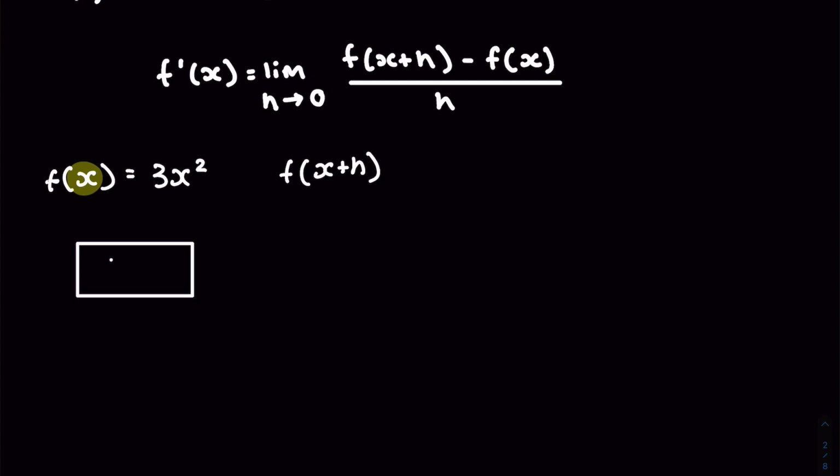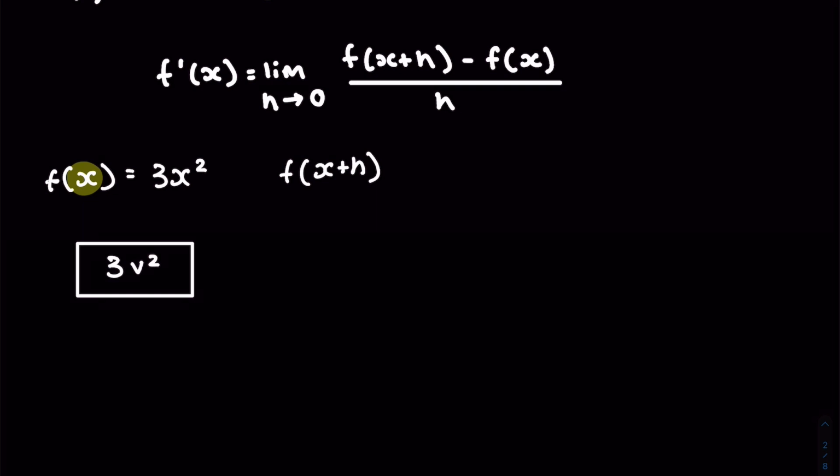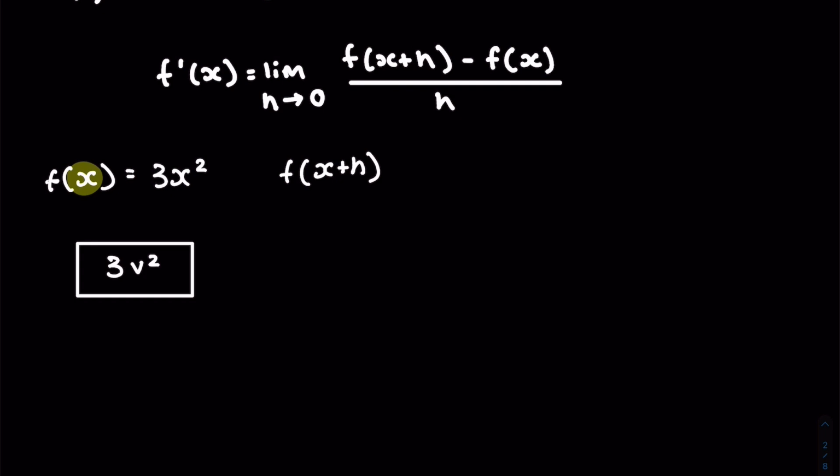And what this box does is you've got 3v squared, where v is for variable. If you give it an input, it will spit out an output. And this input will replace where v is. So in this case, we put x to start off with, so it will spit out 3x squared.